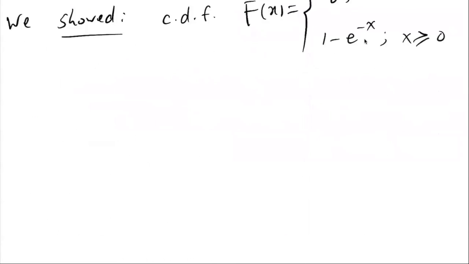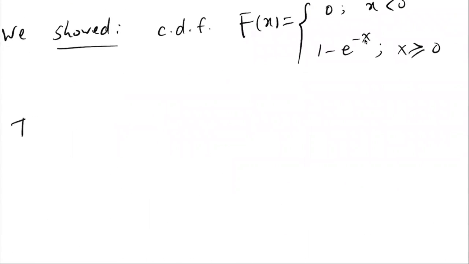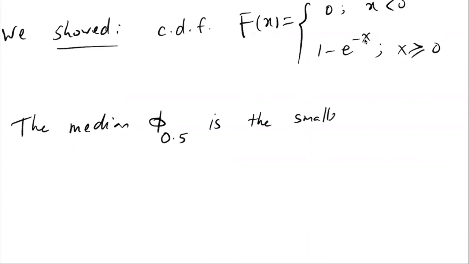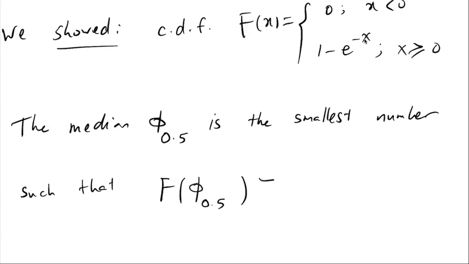So the median, phi sub 0.5, is the smallest number such that capital F of the median becomes bigger than or equal to 0.5.